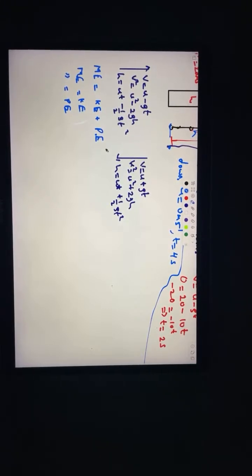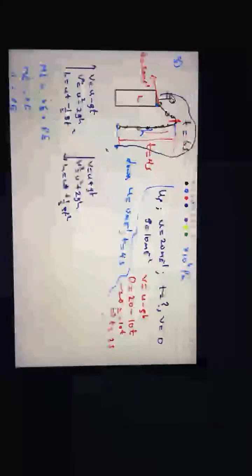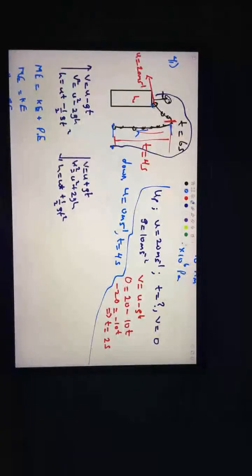So now I want to ask you questions. Let's analyze this whole thing. At this point of throw, A, does this thing have kinetic energy only, potential energy only, or both kinetic energy and potential energy?